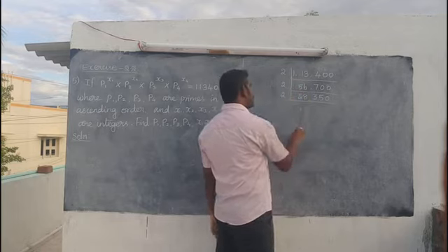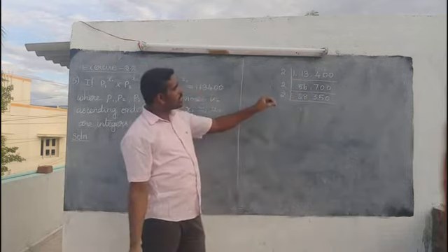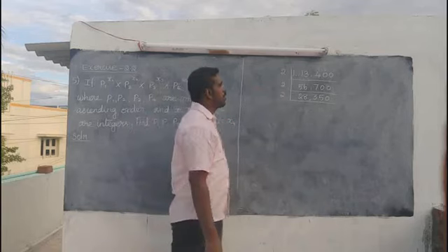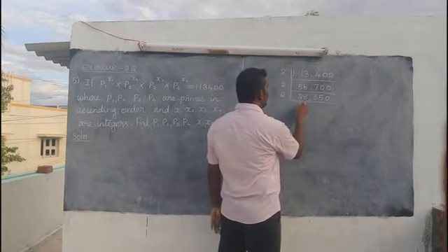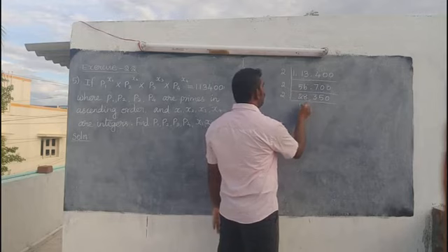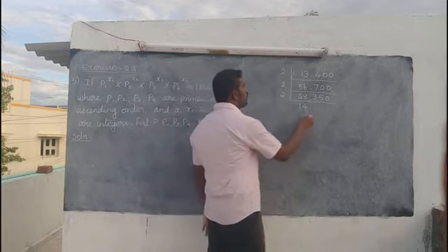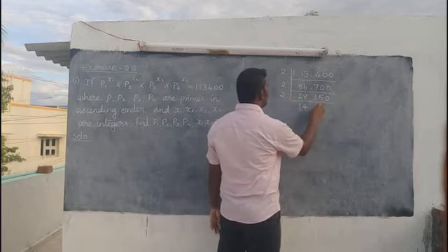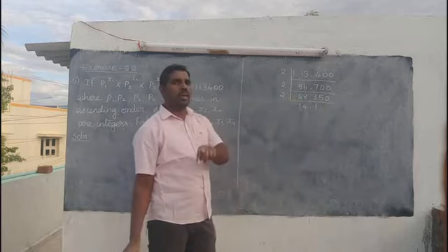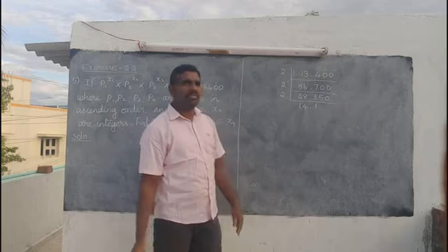Again this value is divided by 2. In this number, 2 goes 1 time. In 8, 2 goes 4 times. The next one is the number 3. In 3, 2 goes 1 time and remainder 1. The next value becomes 15.